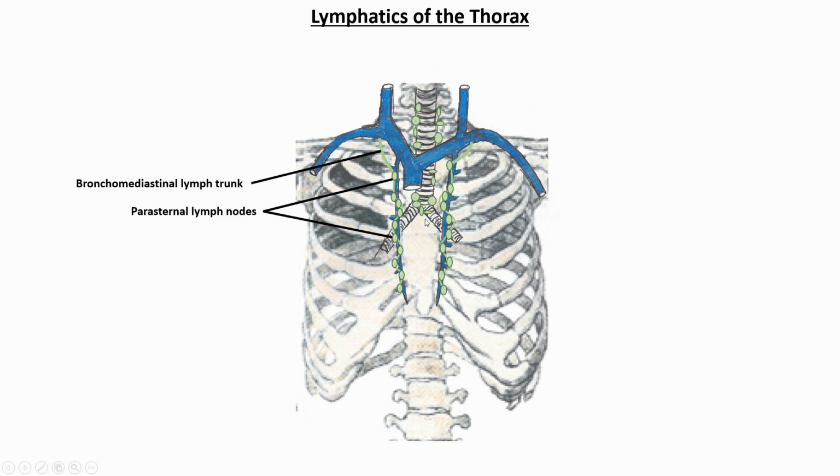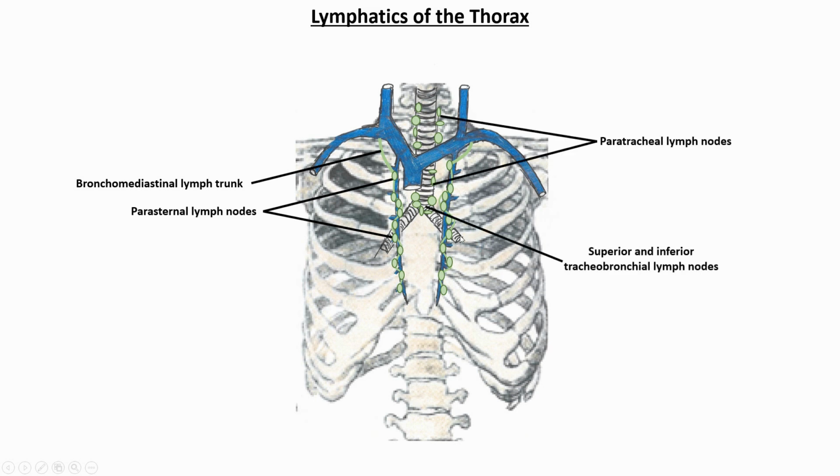Along the trachea, we have an important group of nodes coming from the lungs. There are lymph nodes in the lungs and right at their hilum as well, but lymph from the lungs is going to be passing up the bronchi, and it'll encounter superior and inferior tracheobronchial lymph nodes, and further up it'll encounter paratracheal lymph nodes. So that lymphatic fluid, possibly containing metastatic tumor cells from the lungs, can pass up these bronchi.